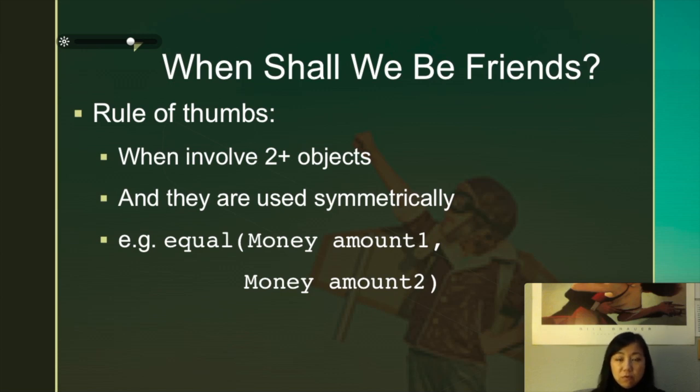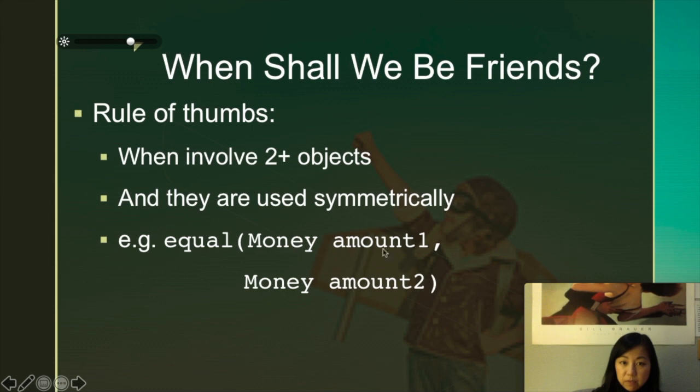You don't have to, but because it's easier, there are some rules of thumb that people use when they decide whether to use friend functions or non-friend functions, or make it a member function, for example.